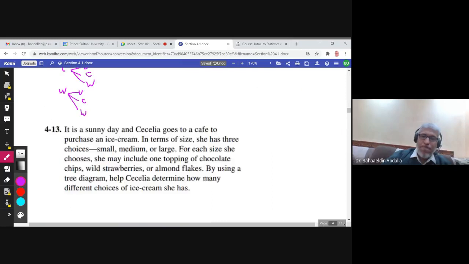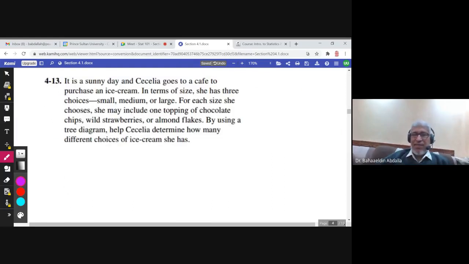Another question. It's a sunny day and Cecilia goes to a cave to purchase an ice cream. In terms of size, she has 3 choices. Let me call this S, medium, large.